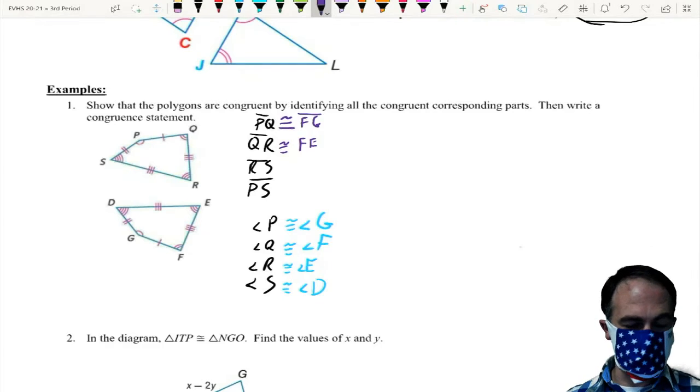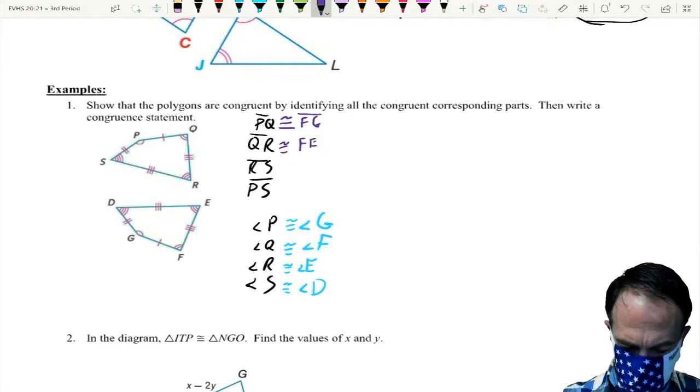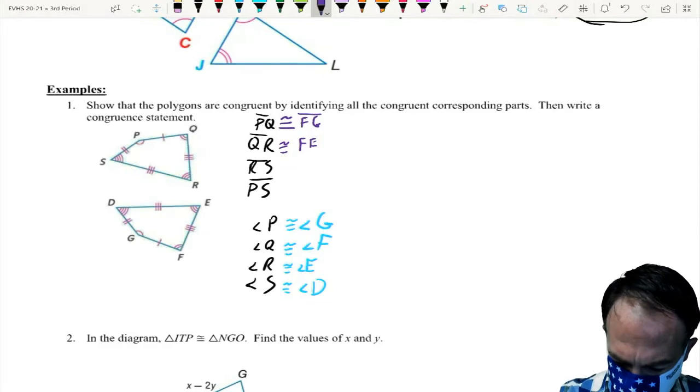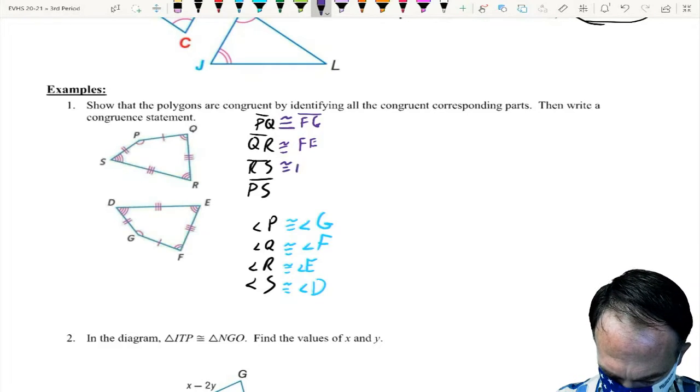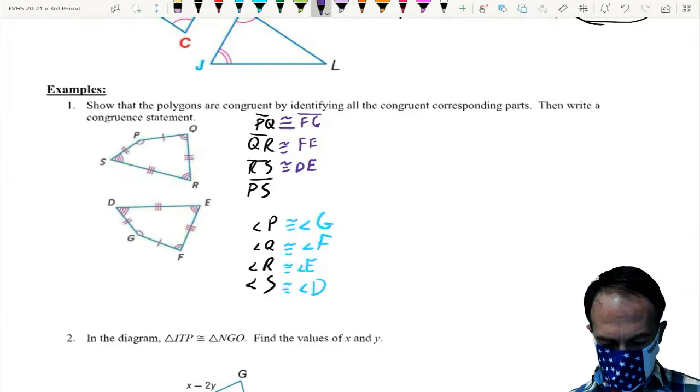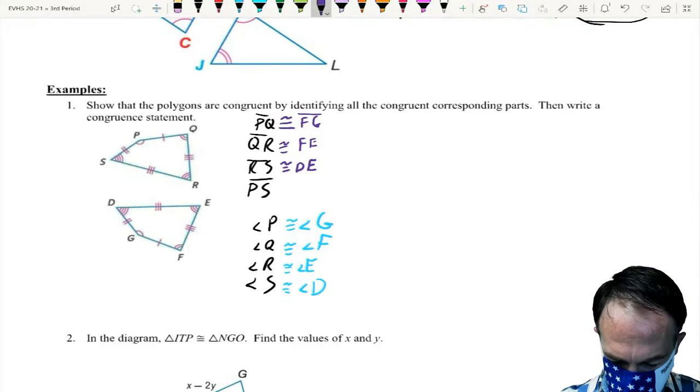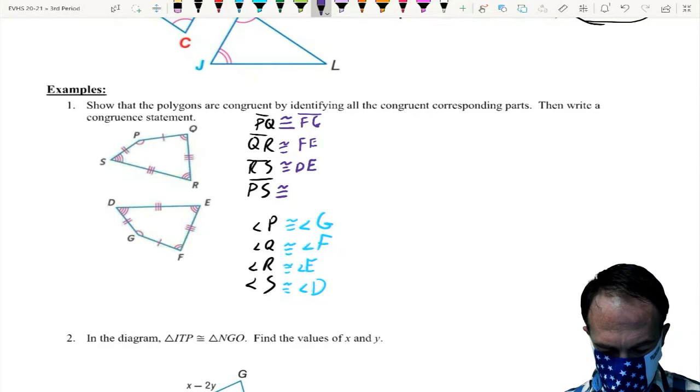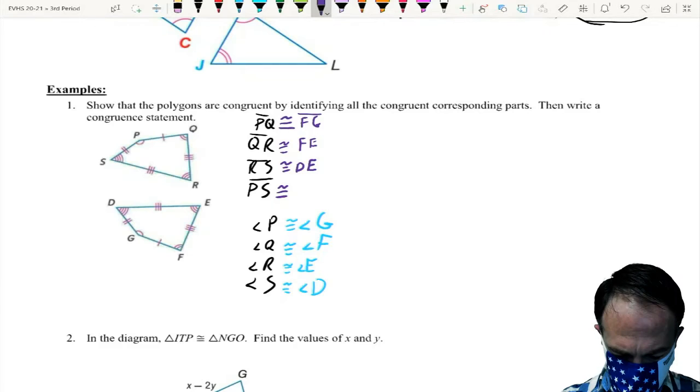Okay, RS, 3 marks, matches with DE. And then PS is our last side, is congruent to 2 marks, DG. I need my line segment symbols on all those.